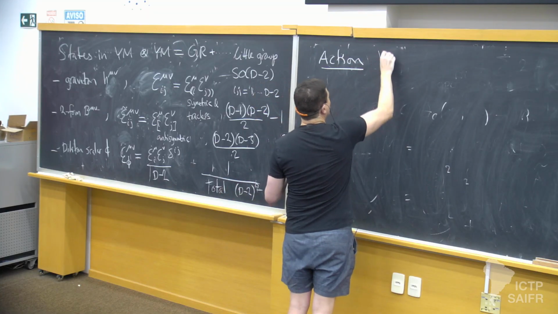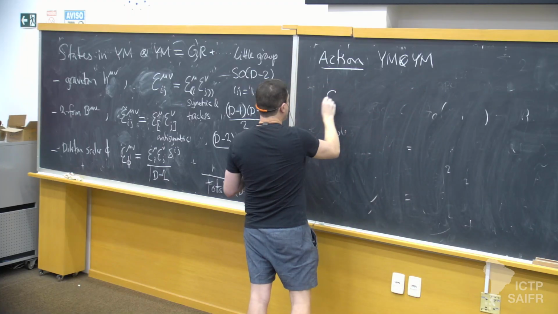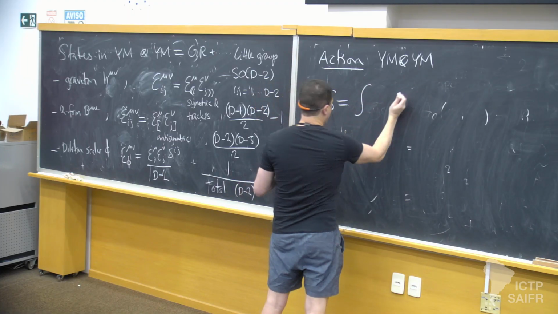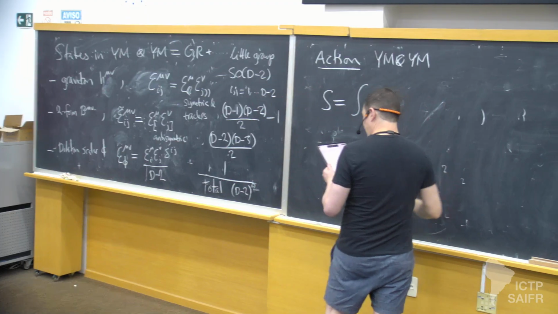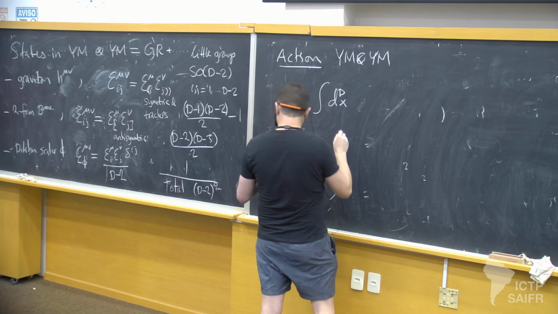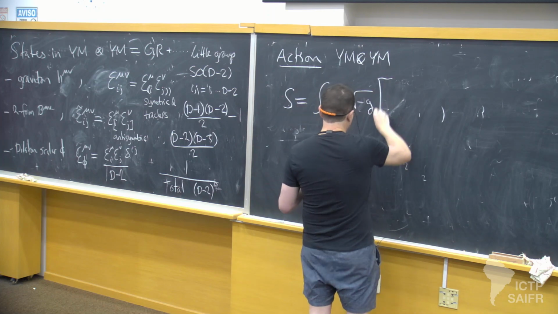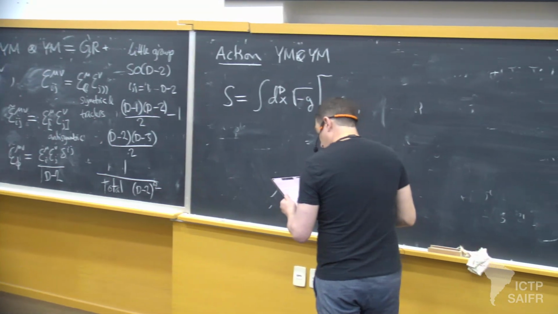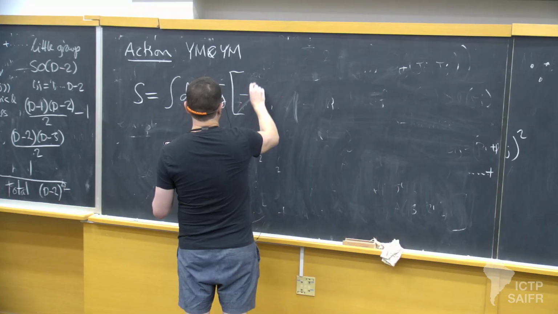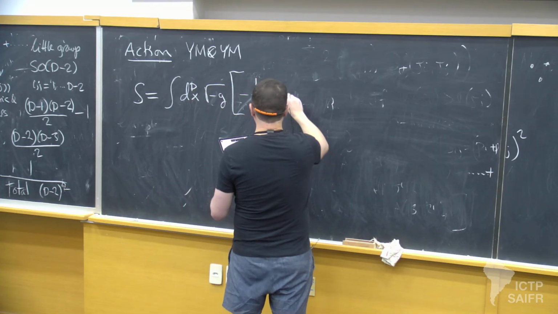Action of Yang-Mills times Yang-Mills. And this, of course, is just done by matching. It's not something you can just work out from anything we have done. You have to do the matching carefully. And I'm not the one that did it. This was done a long time ago in string theory, because it's the same Lagrangian that appears in string theory at low energy.